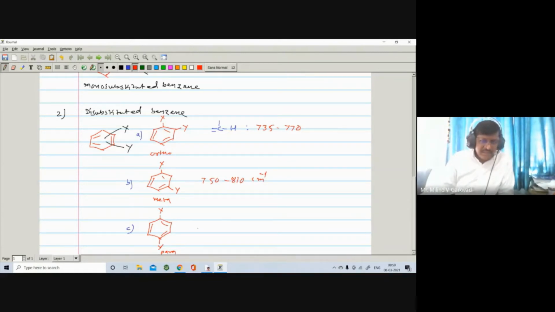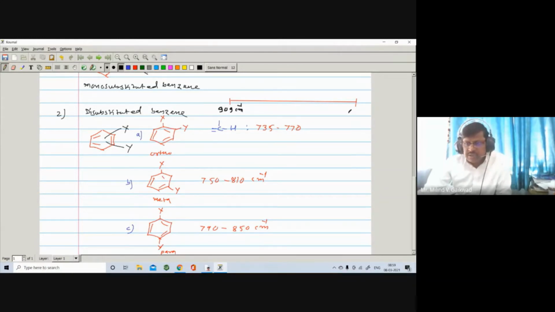For para, you have 790 to 850 cm⁻¹. All these values are in the aromatic region, which starts from 909 cm⁻¹ to 625 cm⁻¹. So here we can say 700, 800 and 900.